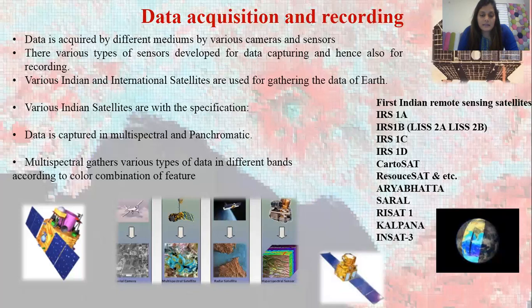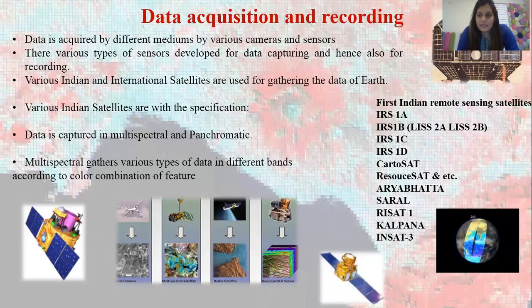sensor to space? There is only a sensor, it will go to space, it will go to its appropriate orbit, and it will open its wings and start taking the photographs according to what? Polar synchronized or geosynchronized, right? So this is how it will take the data and analyze what kind of data is required, because all the specifications we have already built on the surface of earth while making the satellite.